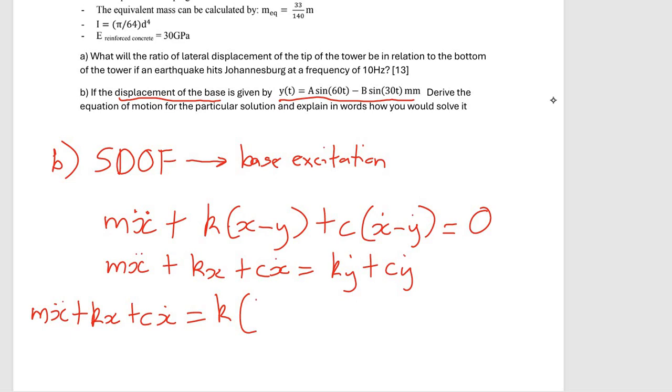So what is given is A sine 60t minus B sine 30t.